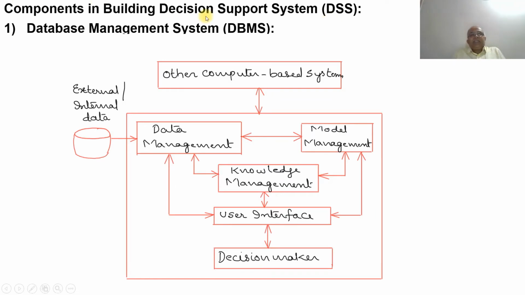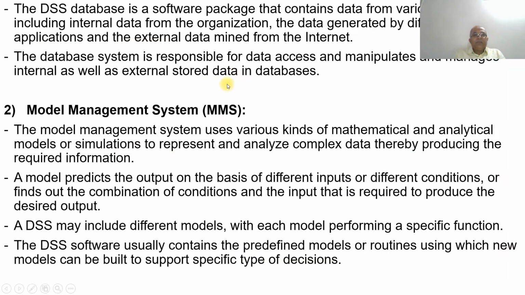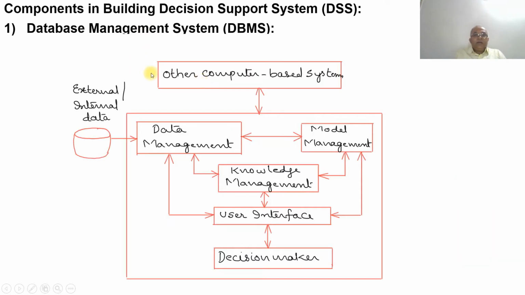Components in building a decision support system. So what are the components that are going to be used? One is the database management system. Here we have a diagram wherein we have an external or internal data source. This data source is contained within data management. Then you have model management. These things are taken in the computer-based system.